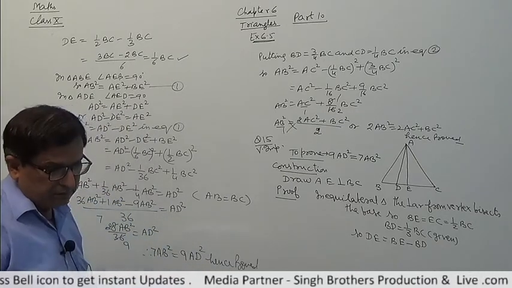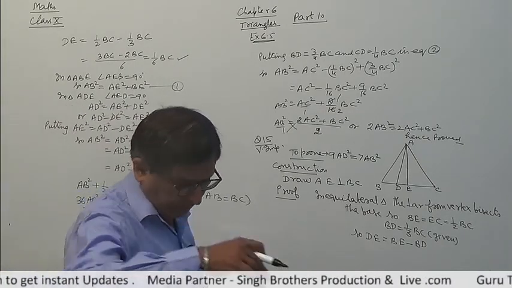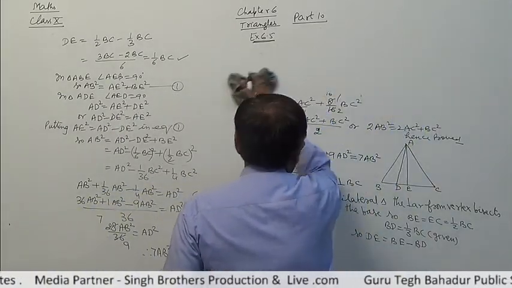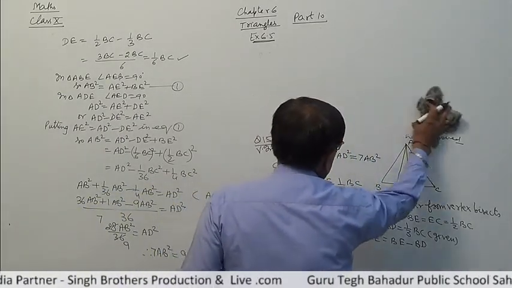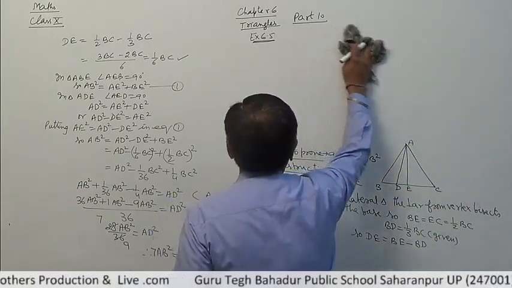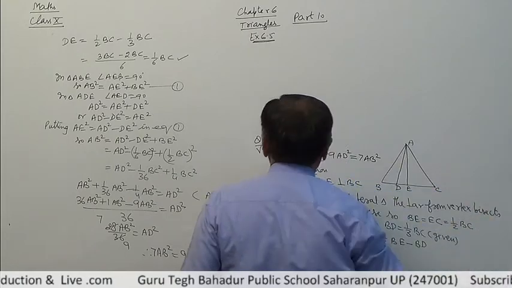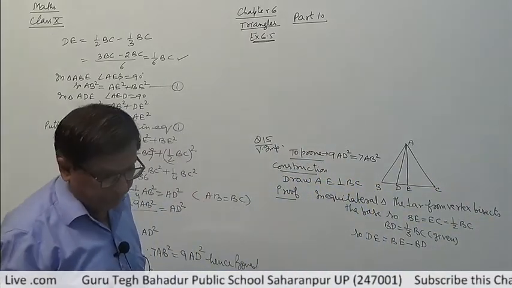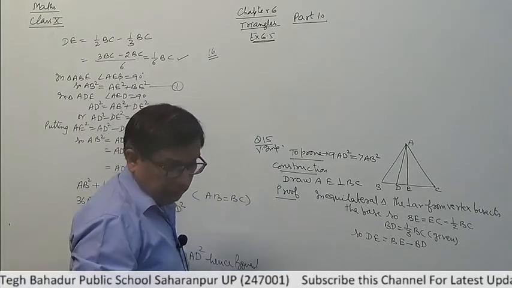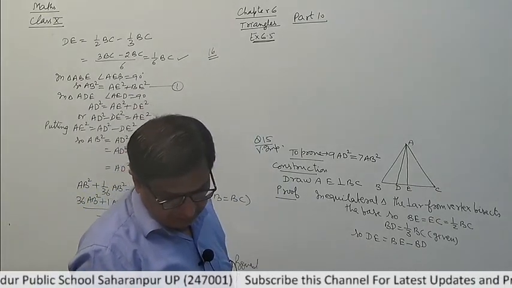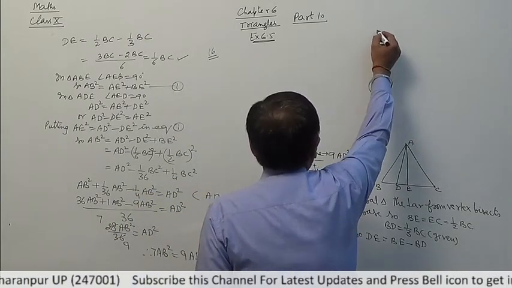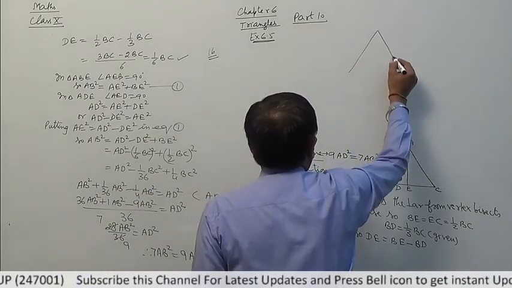Question number 16. An equilateral triangle ABC is an equilateral triangle.